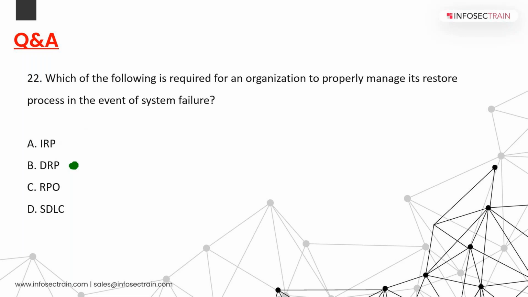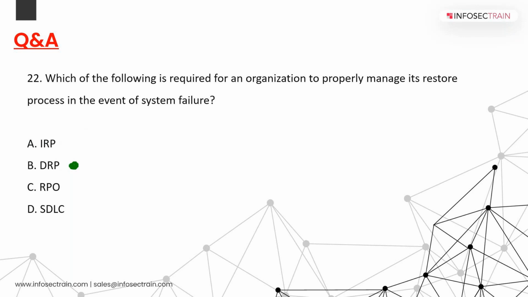And then we have the SDLC, Software Development Lifecycle. This is something we use in the production environment. If you have heard about DevOps, in that we use this SDLC. Each software has a life cycle, right?